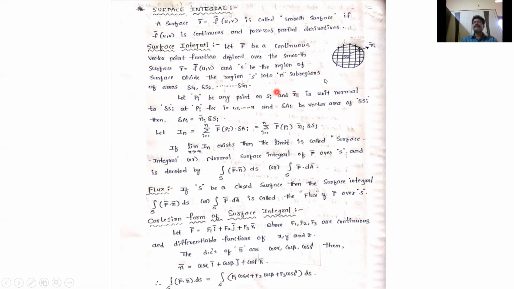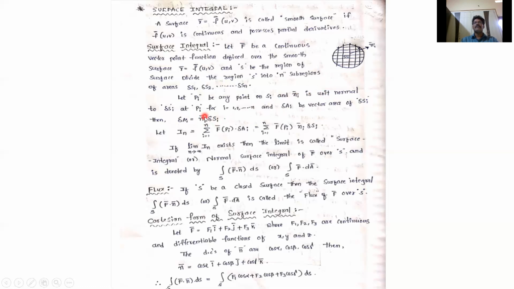Let Pi be any point on the surface Si, and Ni bar be the unit normal to the surface Si at Pi, for i equal to 1 to n.